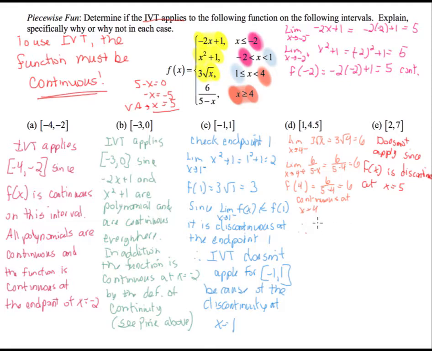So I have a function that's continuous over the entire interval from 1 to 4.5. That means the intermediate value theorem applies in this problem, since f of x is continuous over the entire closed interval from 1 to 4.5.